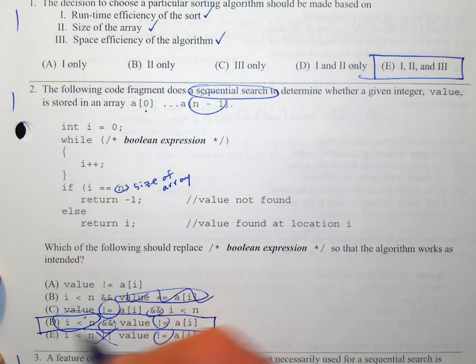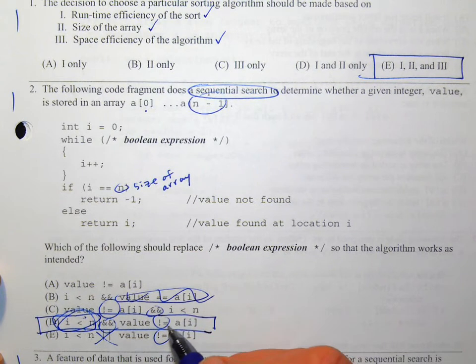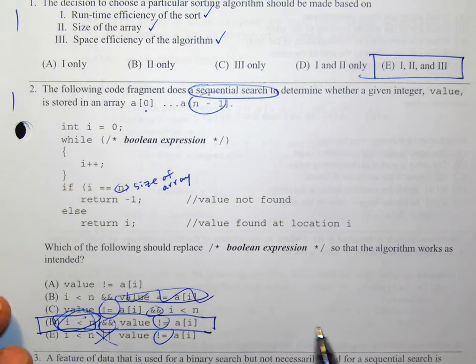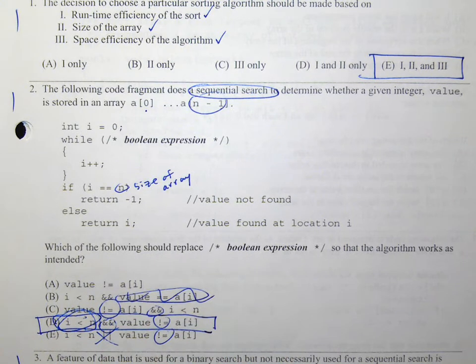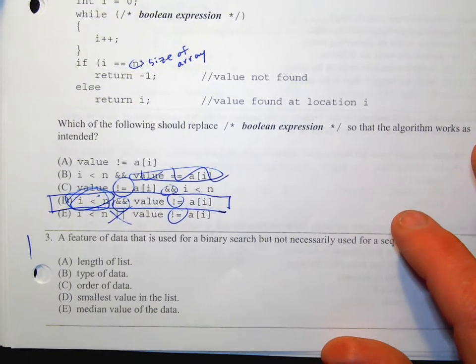If we check this first and it's false, it doesn't even look at the next thing. It's called short circuit evaluation, and that's what Java does with these compound comparisons. It'll check the first one. On an or, if the first one is true for sure, then it doesn't even look at the next one. On an and, if the first one's false, it won't even look at the next one. That way you can keep things from giving you errors.